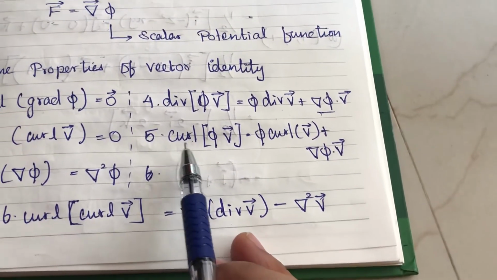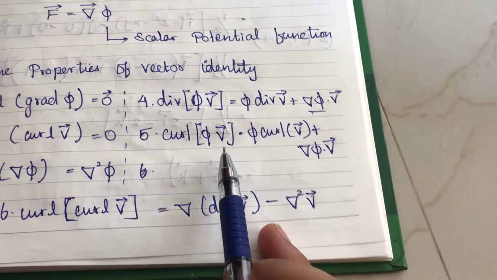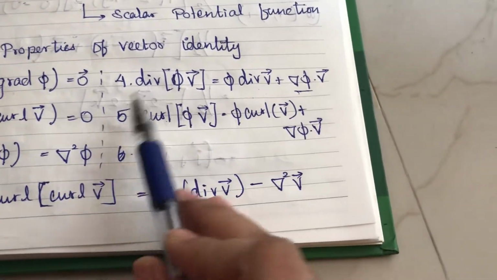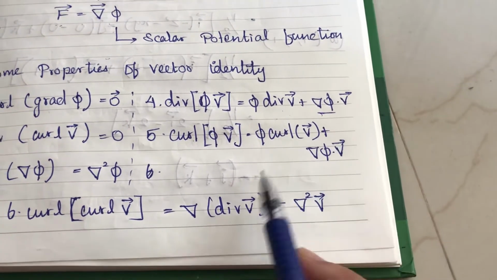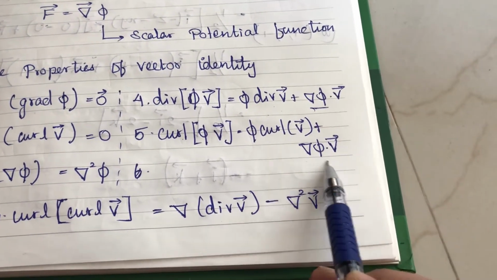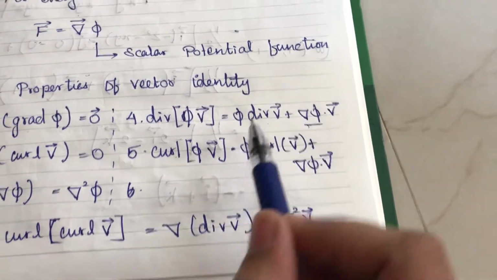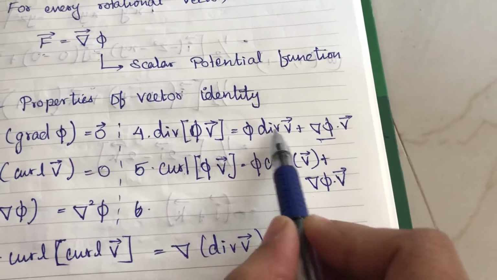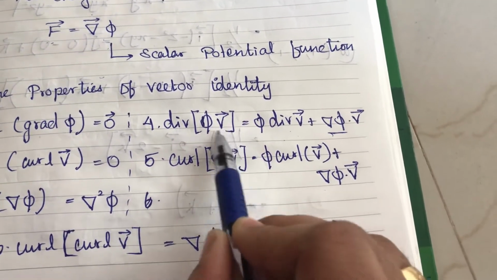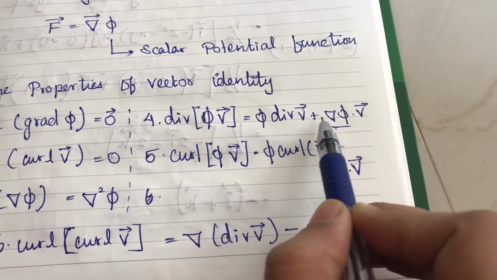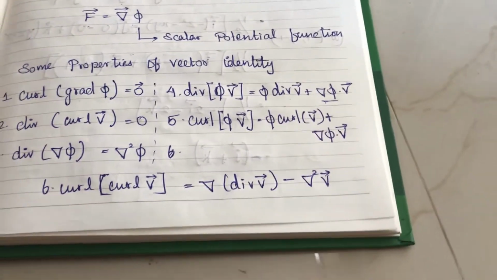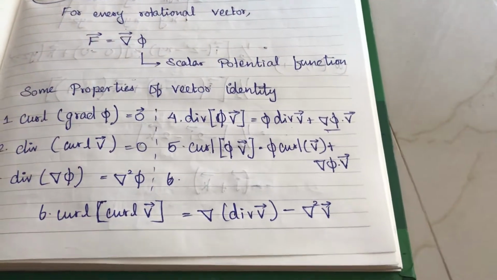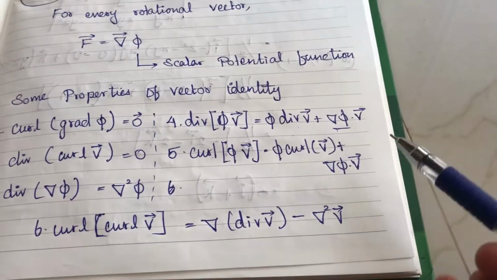And the next thing, the curl of phi v vector means just take phi outside: phi into the curl of v vector plus del phi cross v vector. Whatever the thing, just write the divergence or curl for v only, and for phi you just write del. The same applies here, whether it may be the curl or divergence, the formula is the same.